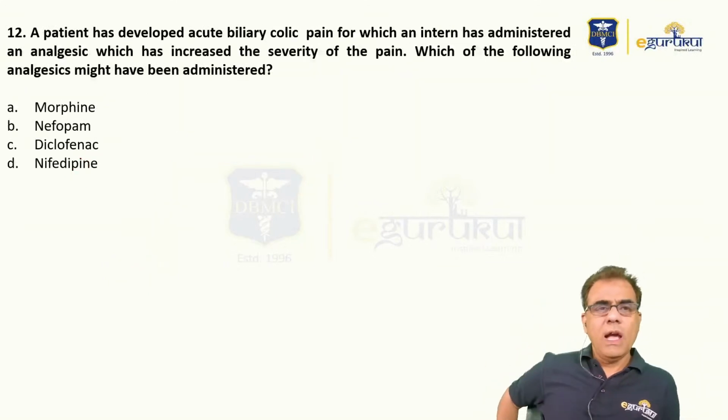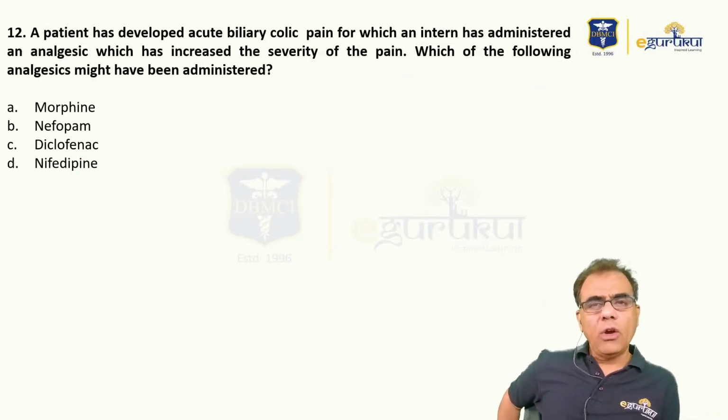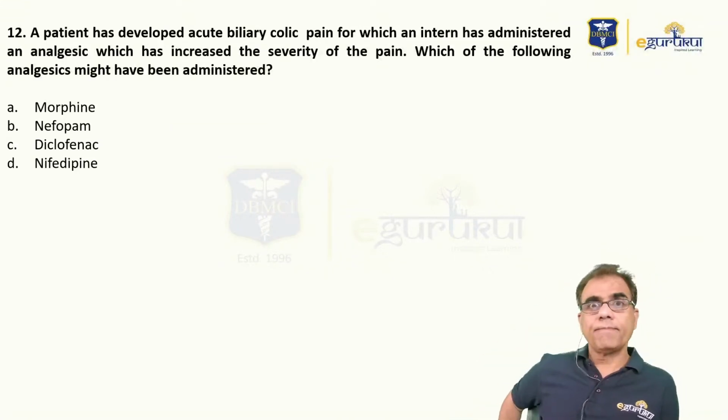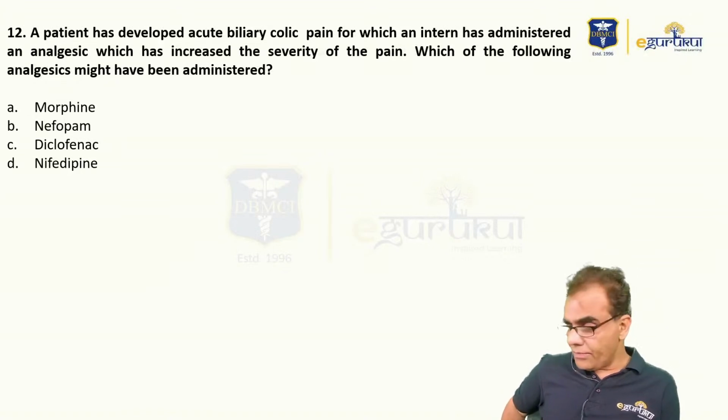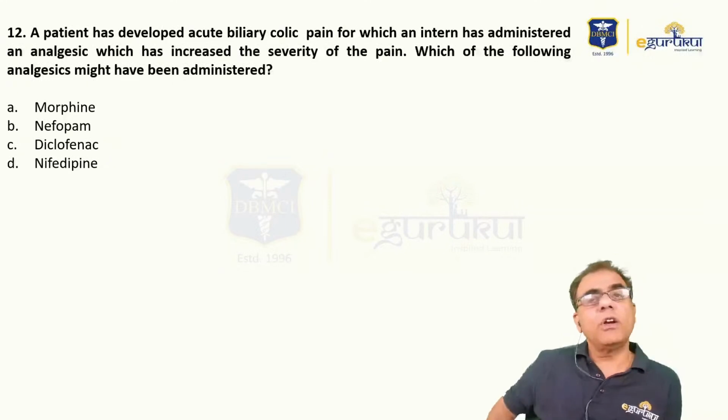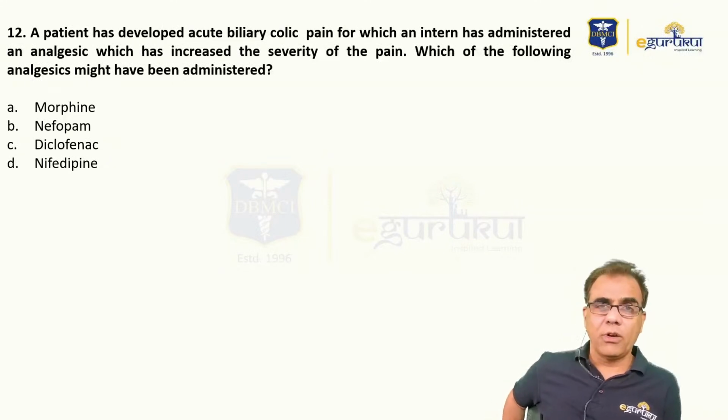12. A patient has developed acute biliary colic pain for which the intern had administered an analgesic which has increased the severity of pain. Which of the following analgesics might have been administered? Morphine, nefopam, diclofenac, nifedipine. You know that opioids, particularly morphine, cause spasm of the sphincter of Oddi and can worsen the biliary colic.